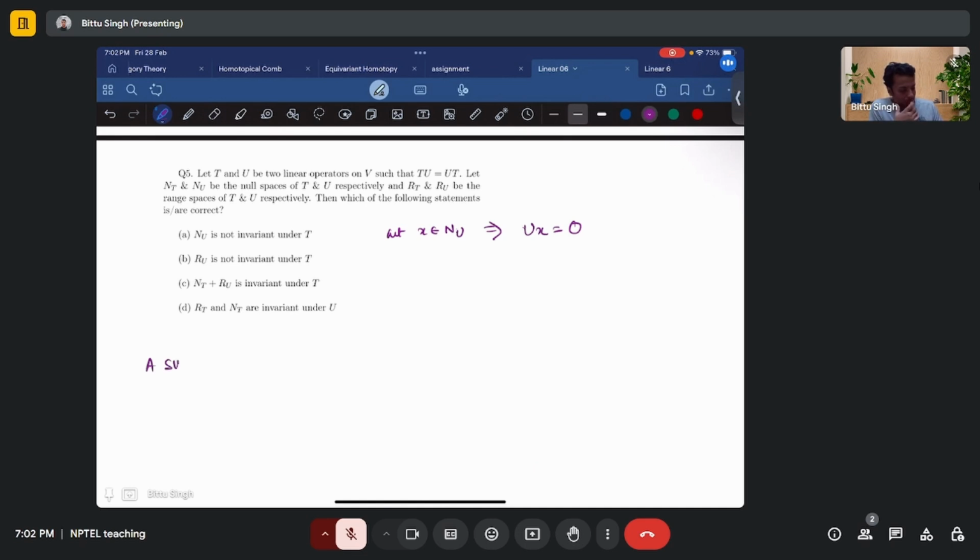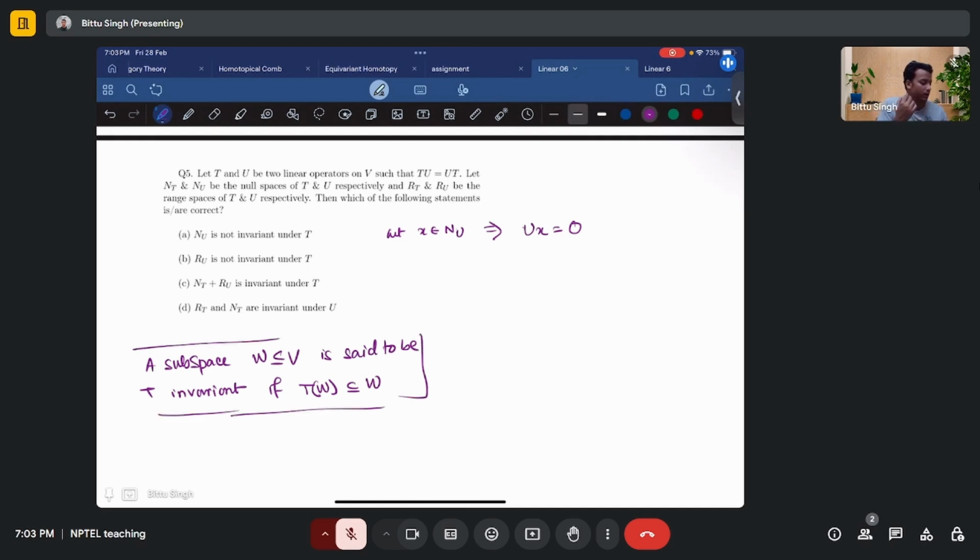A subspace W contained in V is said to be T invariant if T on W is contained in W. This is the definition of a T invariant subspace.